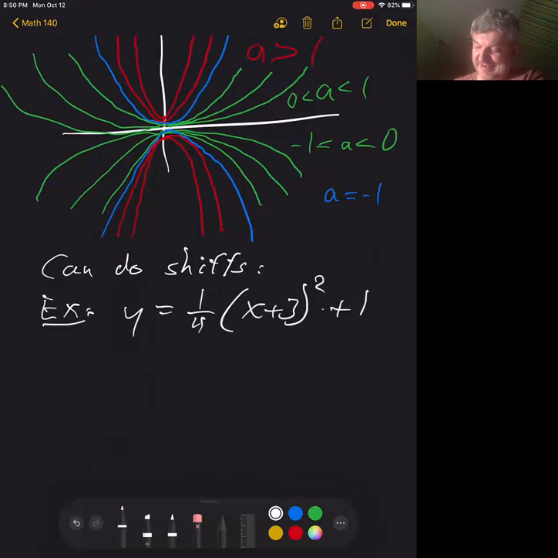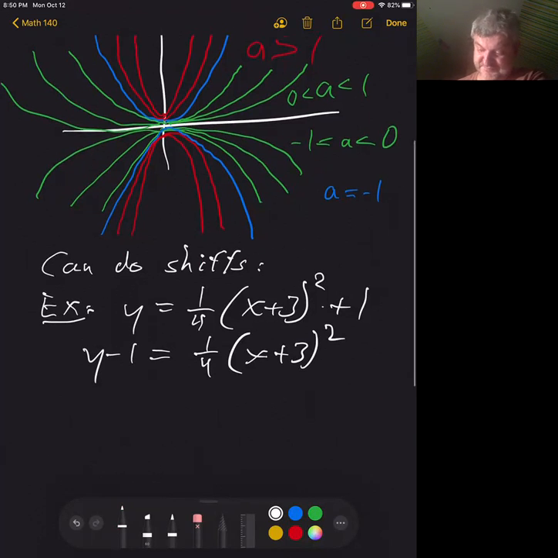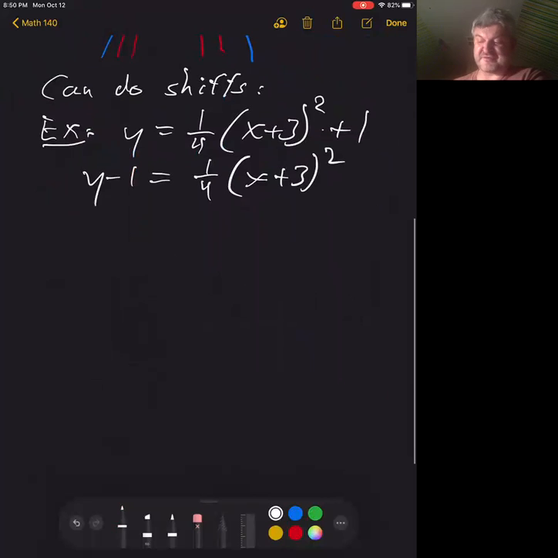Allow me to add plus 1 in the back. So what I meant to say was y minus 1 is 1/4 times x plus 3 quantity squared. Either way, describes the same points in the plane as a graph. What does the graph of this function look like?